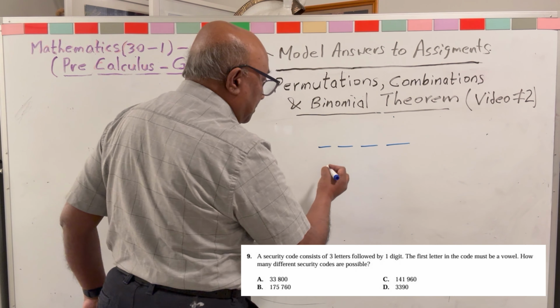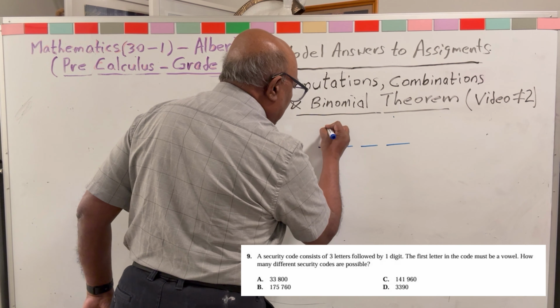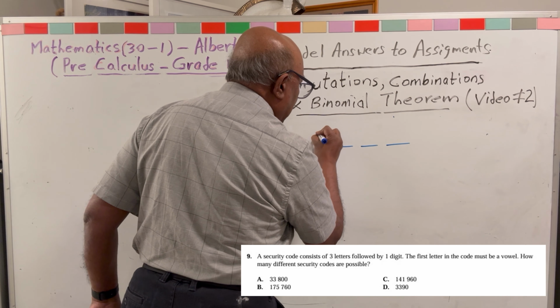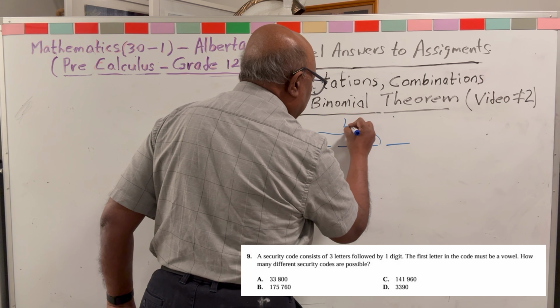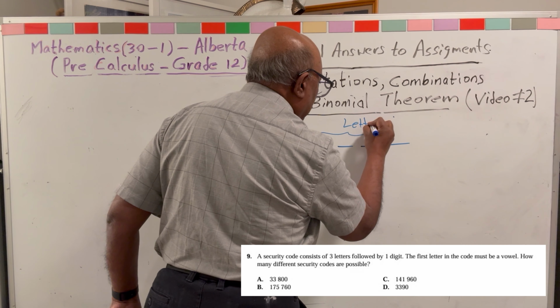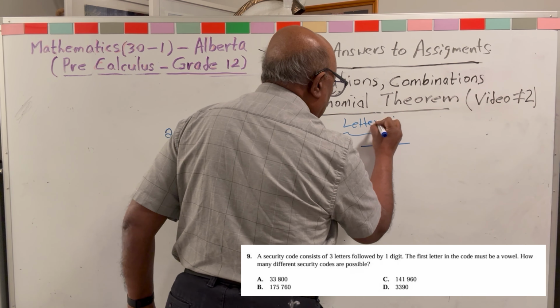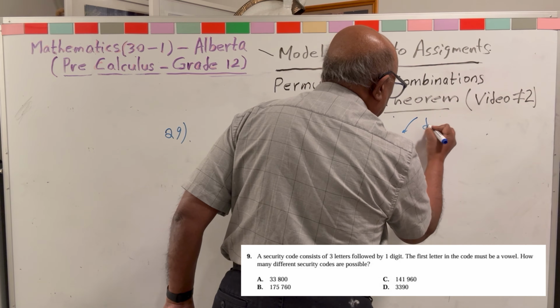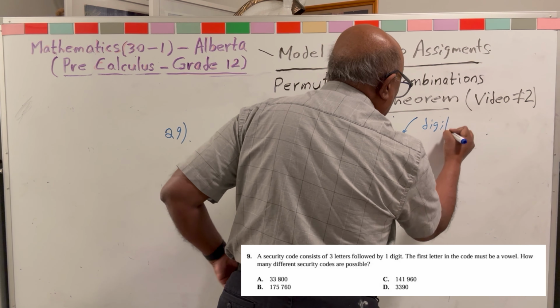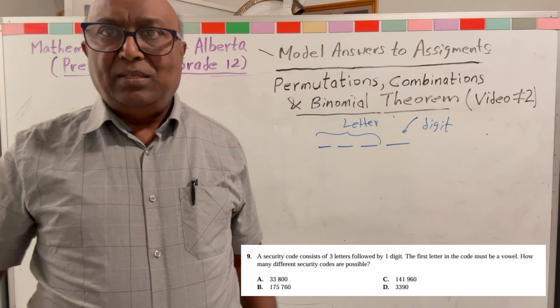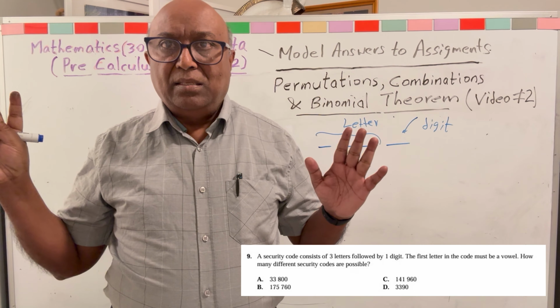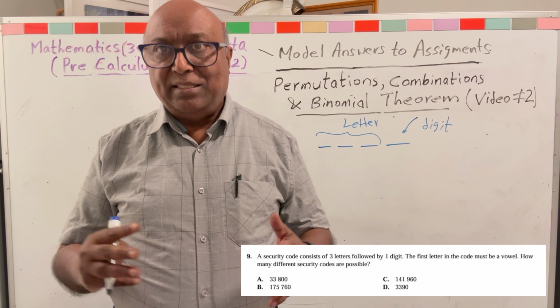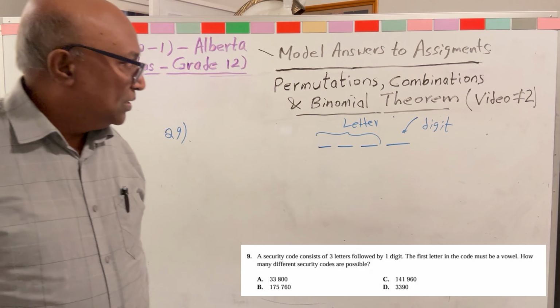That means these 3 spaces must be letters. The last space must be a digit. Repetitions are allowed. It is not said that repetitions are not allowed. No restriction for repetitions.